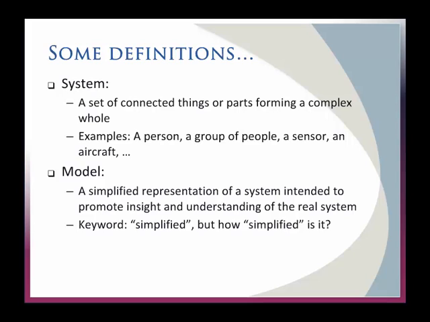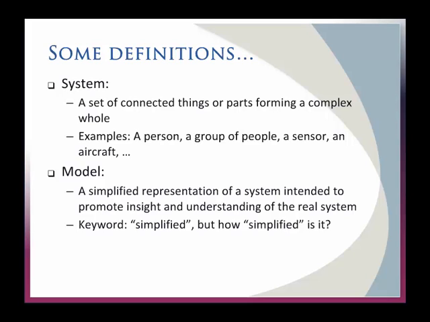A model is a simplified representation of a system intended to promote insight, understanding of the real system. The key word here, of course, is simplified. We very rarely, if ever, will model something in anywhere near what we would call full fidelity. That is, the same fidelity that this thing would exist in the real world.